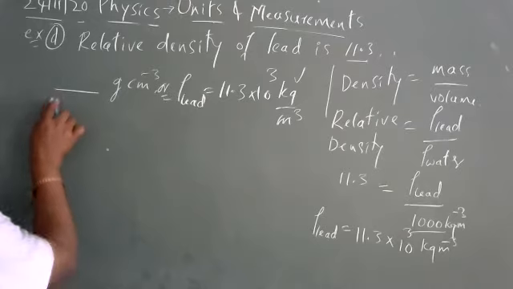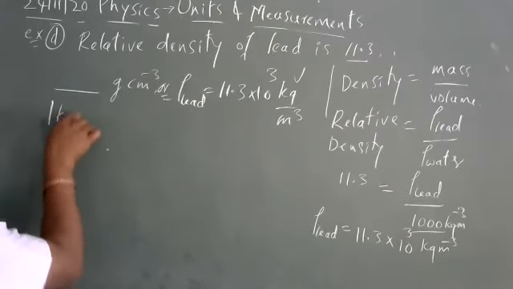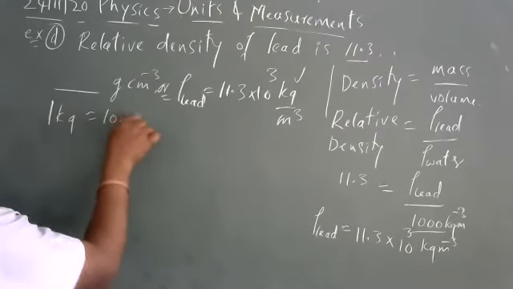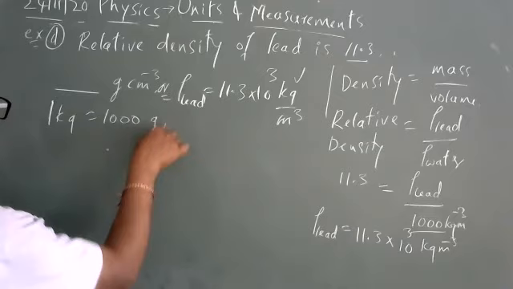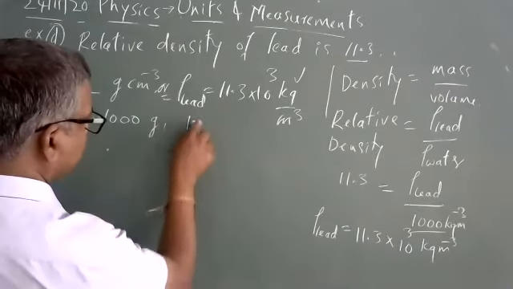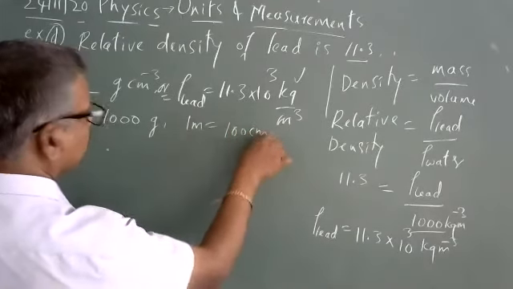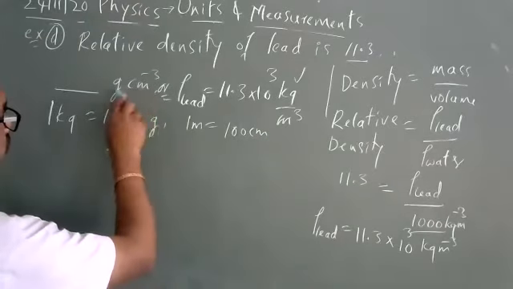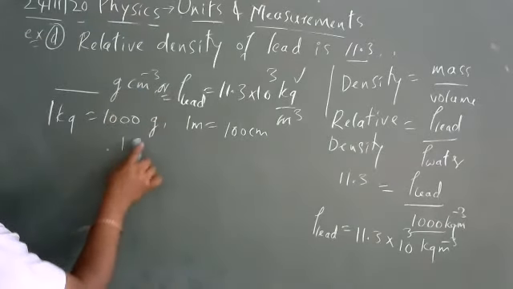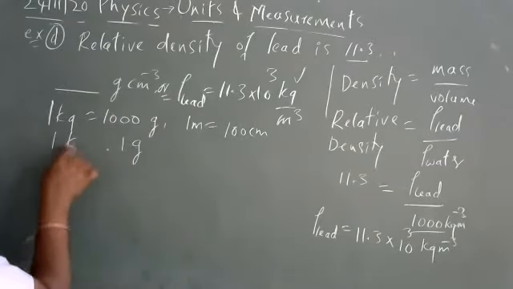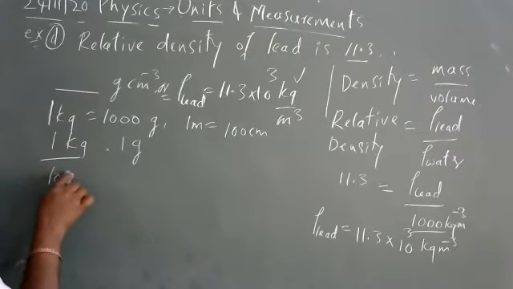We know that 1 kilogram equal to 1000 gram. Similarly, 1 meter equal to 100 centimeter. So I want to convert into gram and centimeter. 1 gram equal to 1 kg divided by 1000.